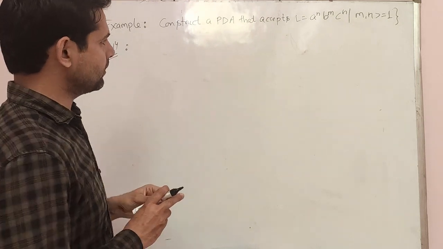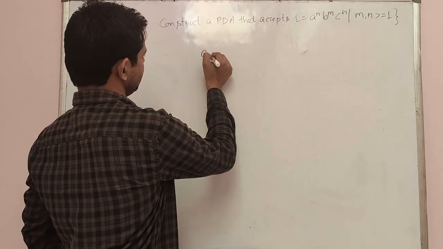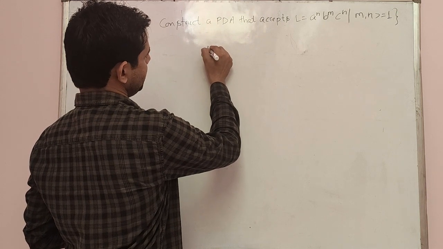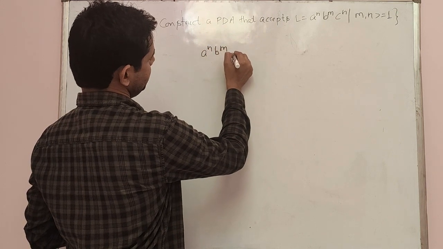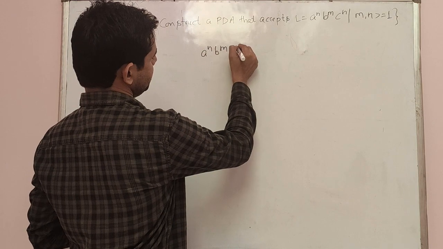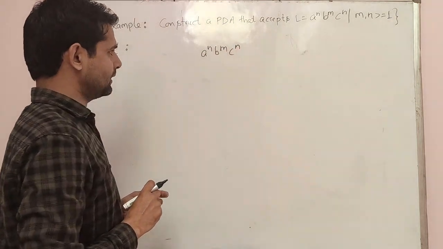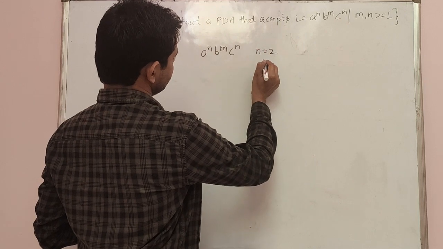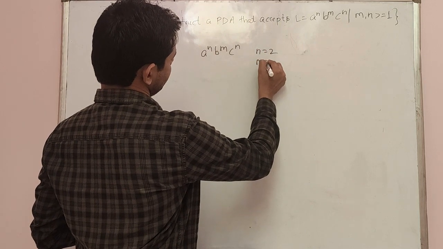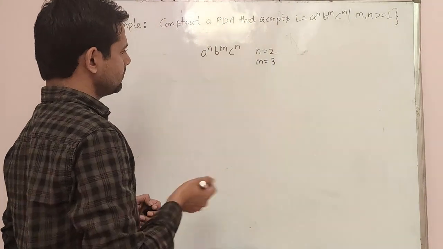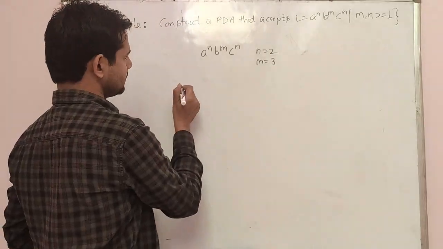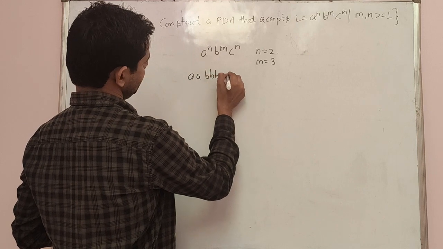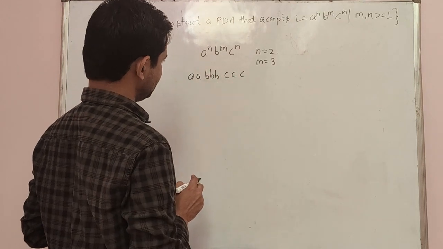First we will see the logic of how we will design that machine using pushdown automata. For example, in this case we are considering n equal to 2 and m equal to 3. So what will be the string in that case? We have double A, triple B and triple C.